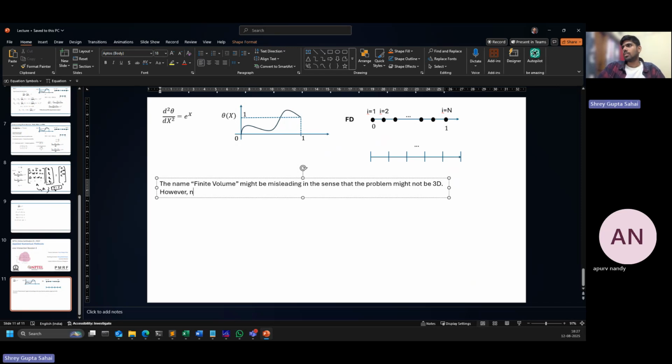However, note that this construct, or this name, perfectly differentiates it from other finite approximation schemes. So let's see how.